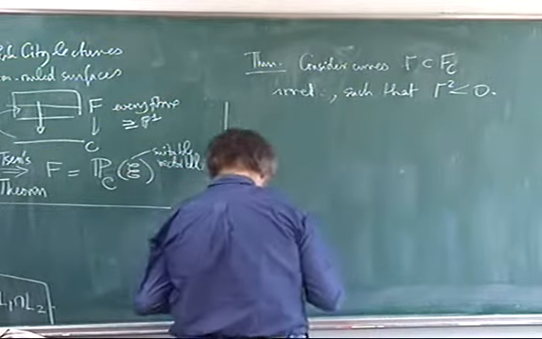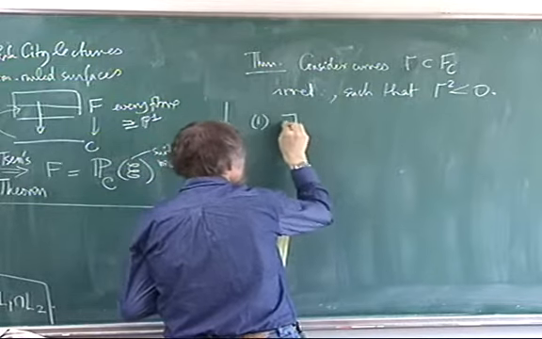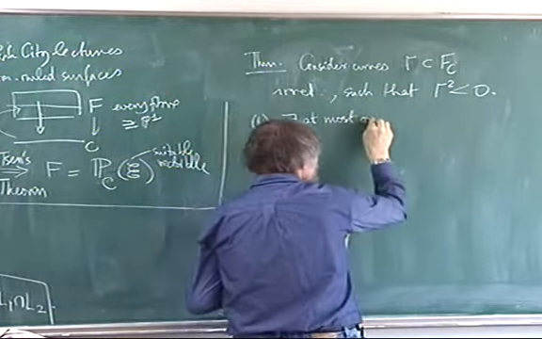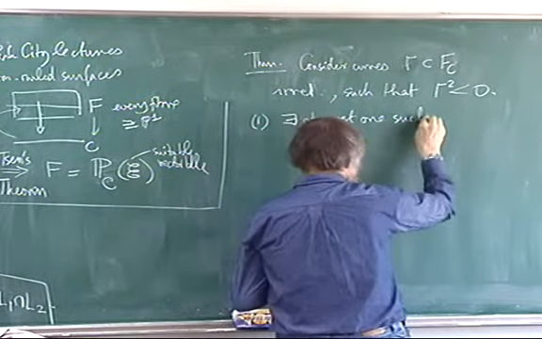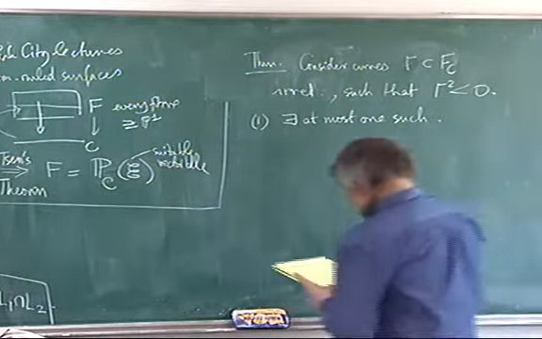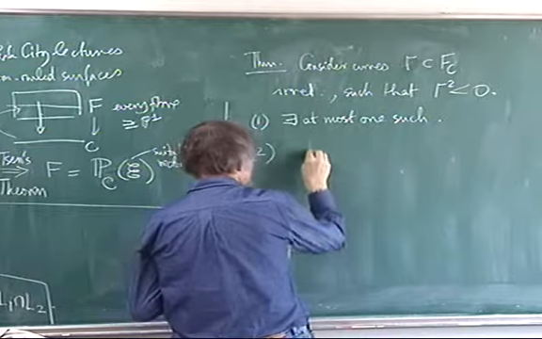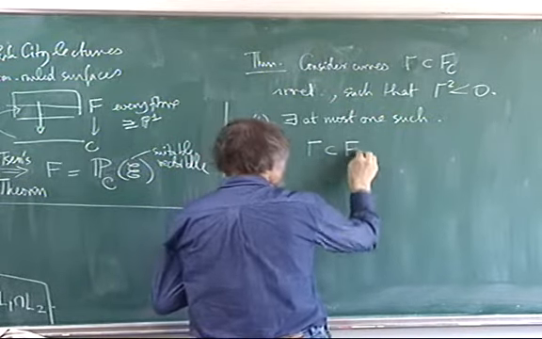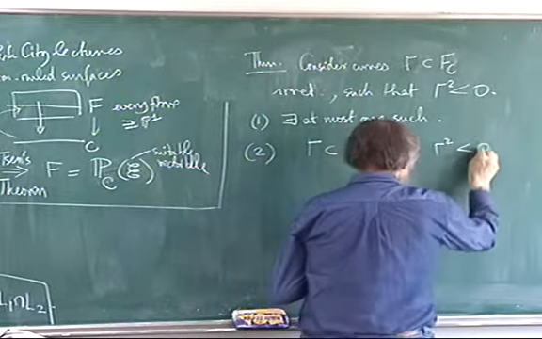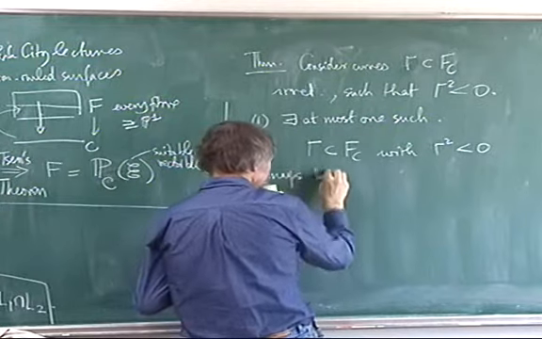Right, and so the theorem says, number one, there exists at most one. In other words, if you find one, you'll never find another. And two, gamma in F_C with gamma squared negative maps bijectively to C.